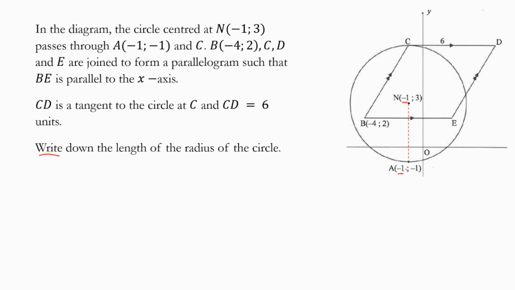So we can just add the distance from here up to the x-axis, which is 3 units, and then the distance from the x-axis to A is 1 unit. And then 3 plus 1 is 4 units. So AN, or the radius, is equal to 4 units.